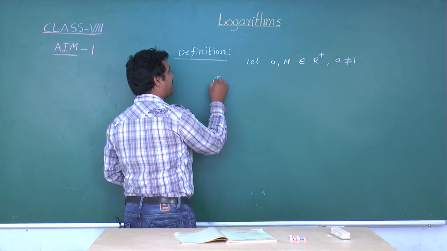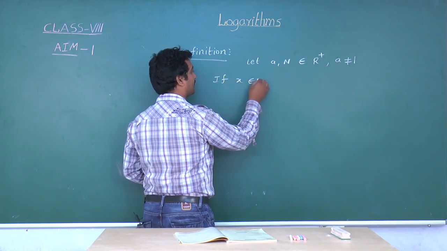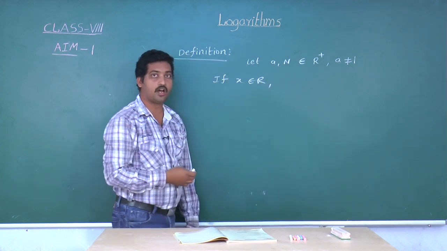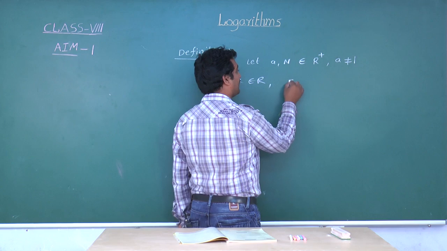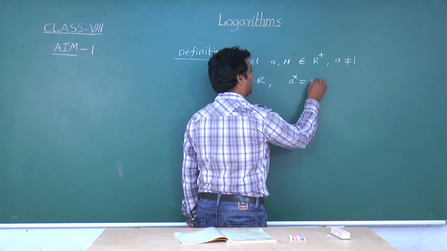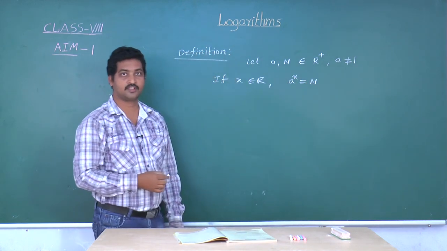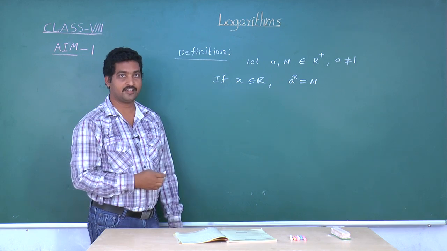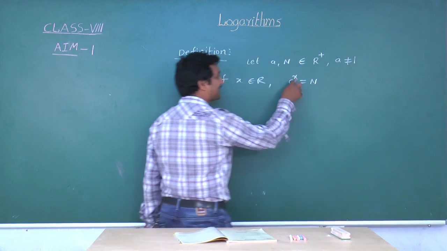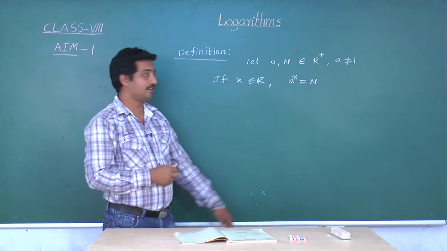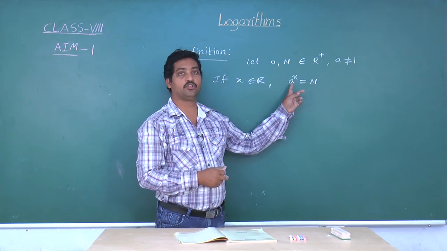If x is any real number, that means x belongs to R, such that a power x is equal to n, then x is called the logarithm of n to the base a.